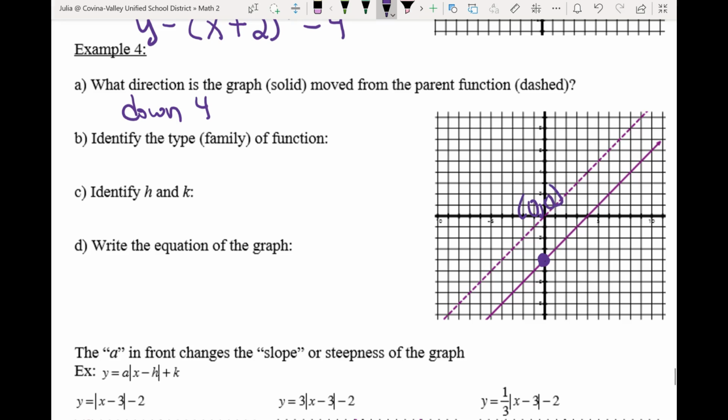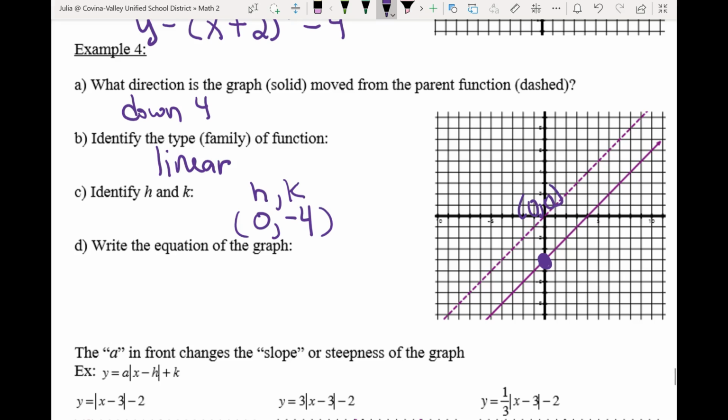Okay, what type of function? Linear. At this point right here, what's h and what's k? 0, left or right, good. And what did you say for the k? -4, good. It was down 4. All right, is this an uphill or downhill line?